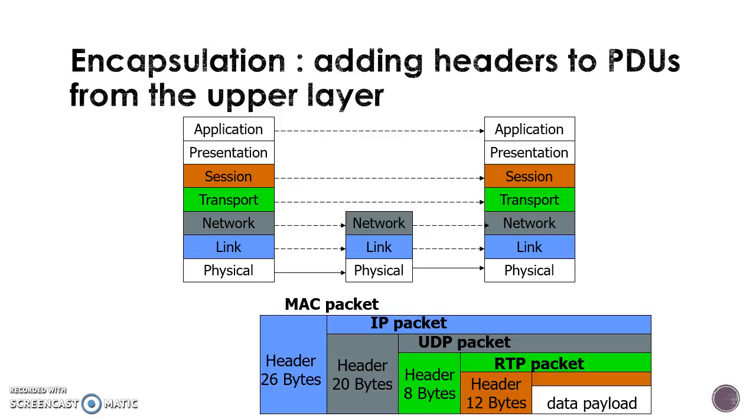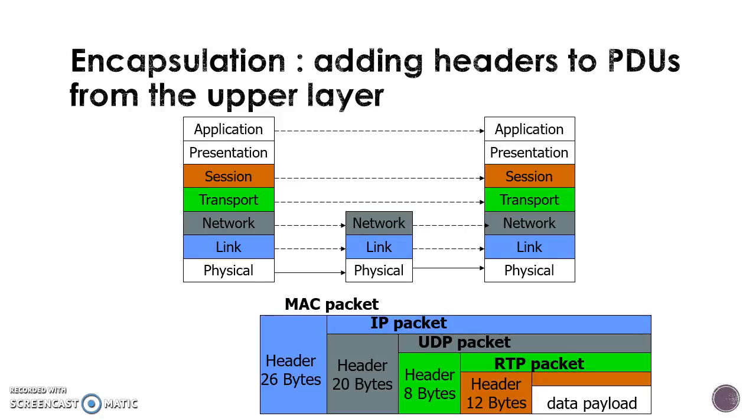The UDP packet then goes to the network layer that appends or encapsulates a 20-byte header using the IP protocol to produce what is known as the IP packet. And the IP packet eventually gets a 26-byte header from the MAC protocol at the data link layer. So by the time the data payload enters the channel, it is successively encapsulated with protocol-specific headers at each layer.